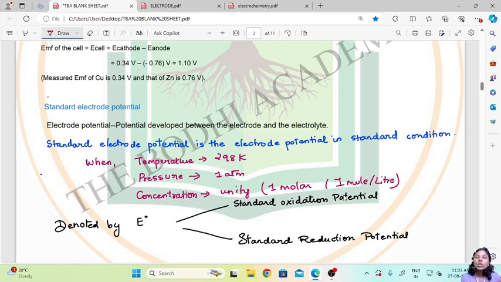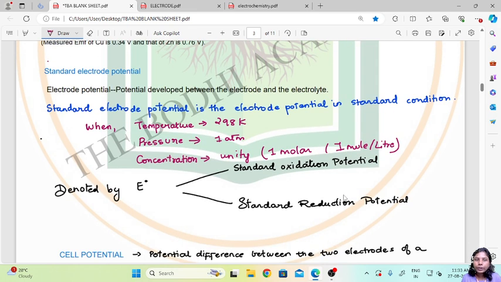Okay, understood? So standard electrode potential is basically the same as electrode potential, that is the potential that is developed between the electrode and the electrolyte. Only the difference is that it is measured under standard conditions, that is the temperature should be 298 Kelvin, the pressure should be 1 atmosphere and the concentration should be unity, that is 1 molar.